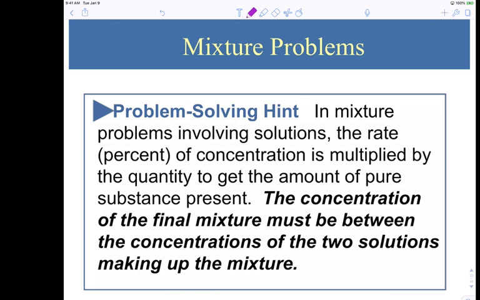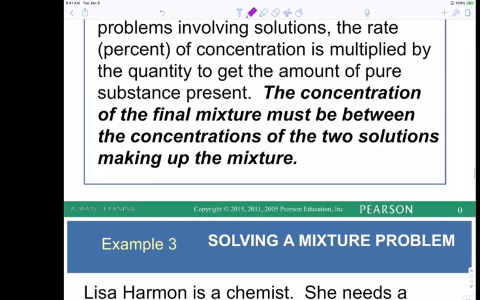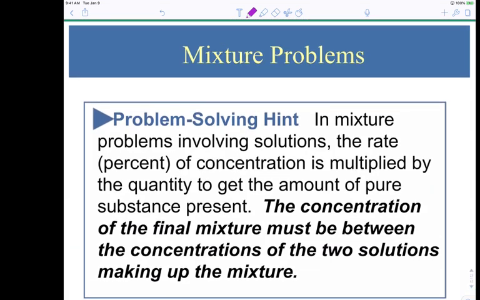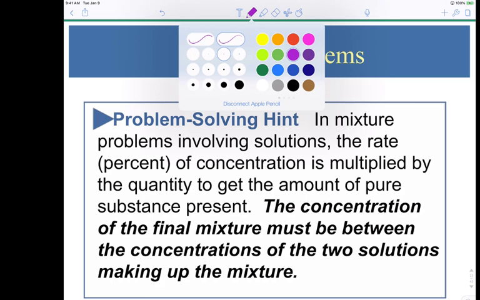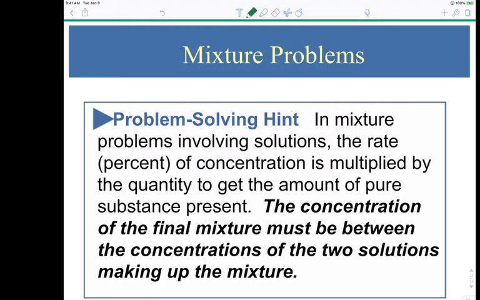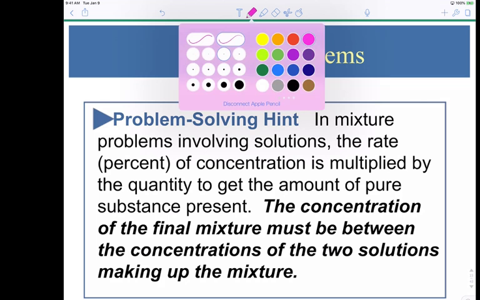All right. So mixture problems. Problem solving hint. In a mixture problem involving solutions, the rate of concentration is multiplied by the quantity. So with mixture problems, I usually do the following.